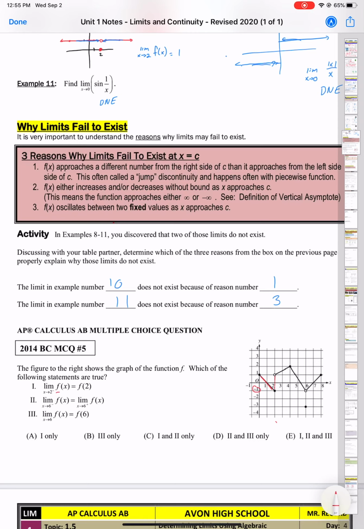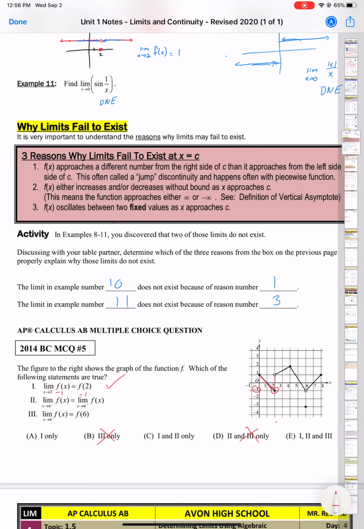And f of 2 is the actual point at 2, which is right here at -1. So this statement is telling me -1 equals -1. Statement 1 is true. So right away, I can throw out choice B and choice D, because those don't include statement 1. So I'm able to eliminate 2 of my 5 choices already.